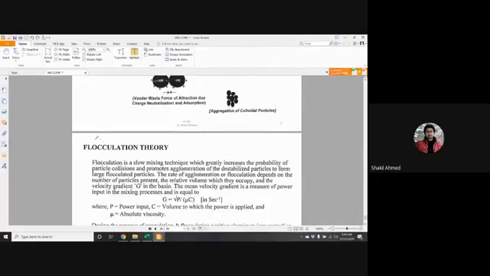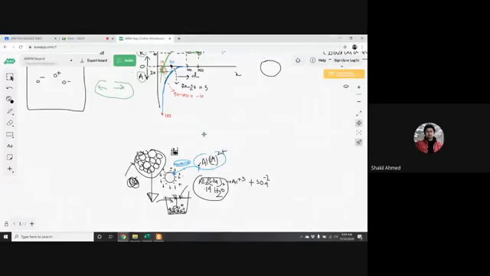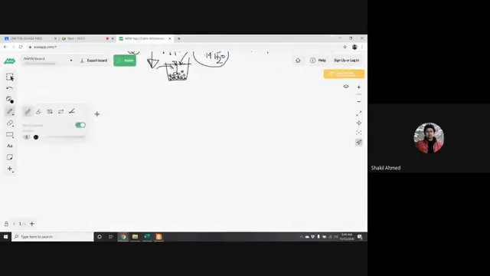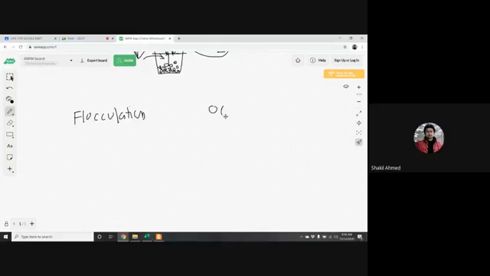No question. Okay. Flocculation. Flocculation is... When we neutralize the charge, then particles come close to each other, right? Yes, sir. This is flocculation.